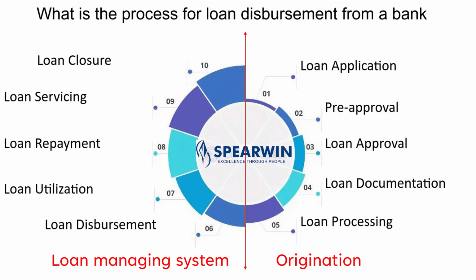This purely depends on the bank IT decision whether to have a single system or two different systems based on their need. Because some banks mainly focus only on the retail loan or corporate loan. Some banks may focus only corporate, and some banks carry both. And based on the nature of the loans that they have, they may have many variants. So for all those things, they may go for different systems.